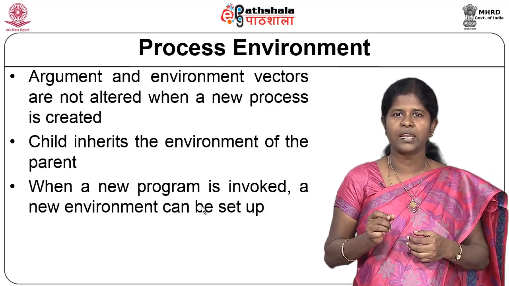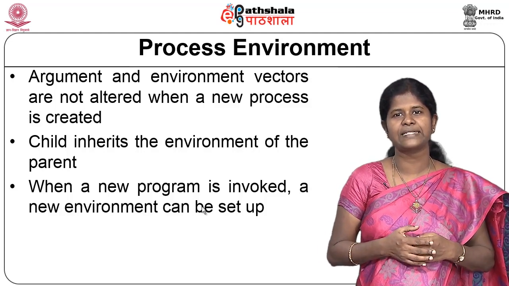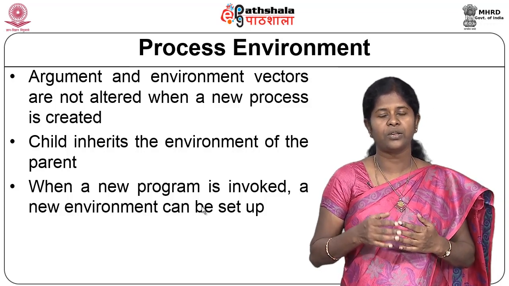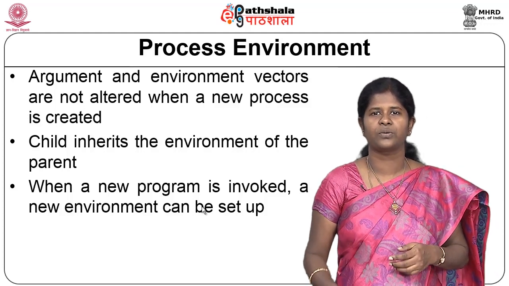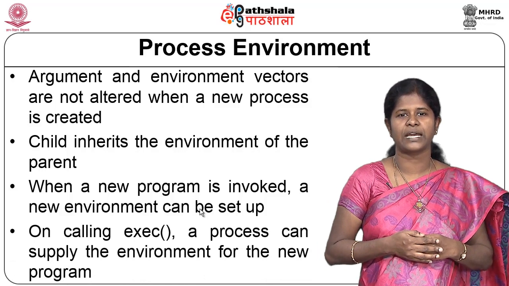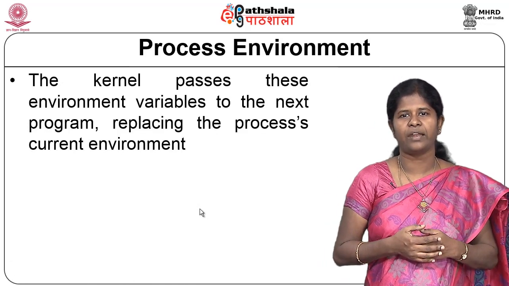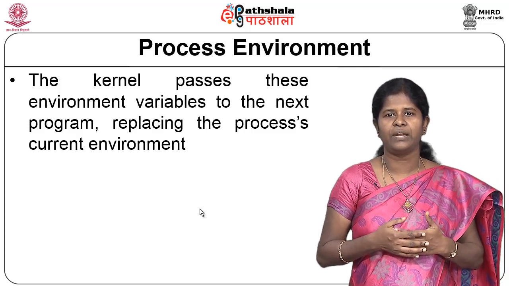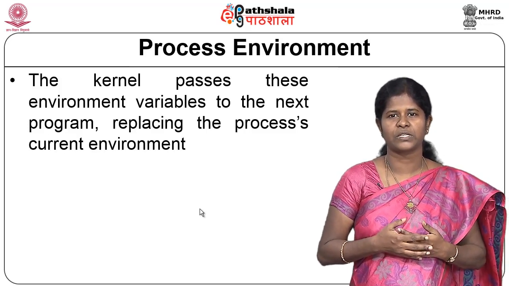The last E in that word refers to the setting up of the environment. So, the new environment can be set up only when a new program is invoked using the exec call. On calling exec, the process can supply the environment for the new program, and these environment variables passed through the exec call will be passed to the next program, and will replace the process's current environment.